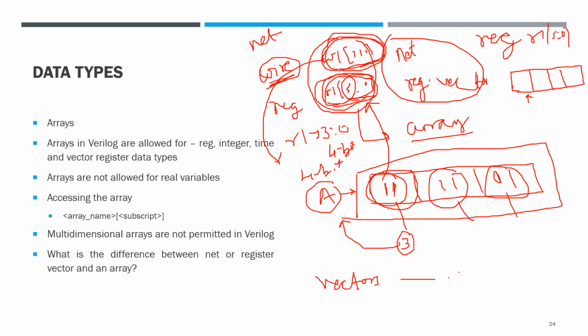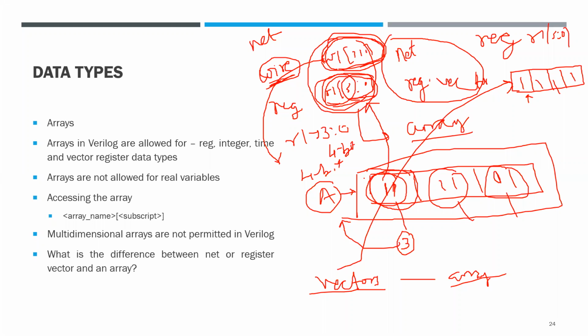Vectors and arrays. Vectors, each of these will be supporting only 1 bit. But in arrays, I can have 1 or more than 1 bit. I'm not specifying in terms of location.